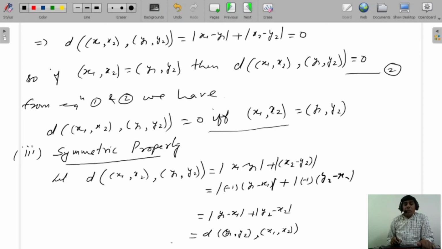So symmetric property is also satisfied.